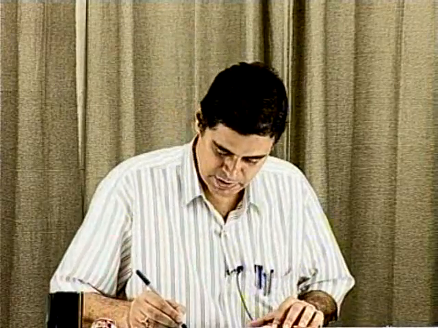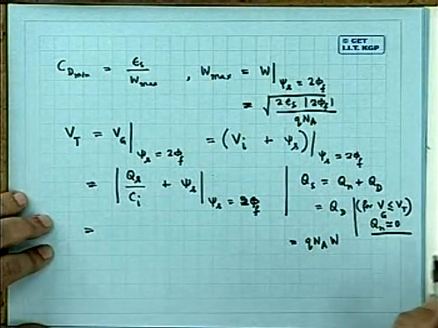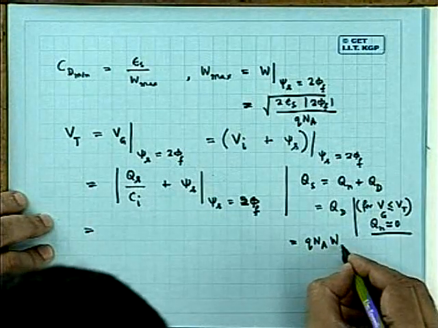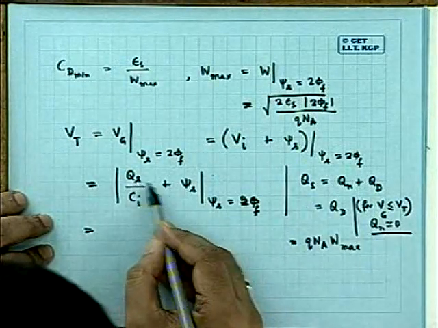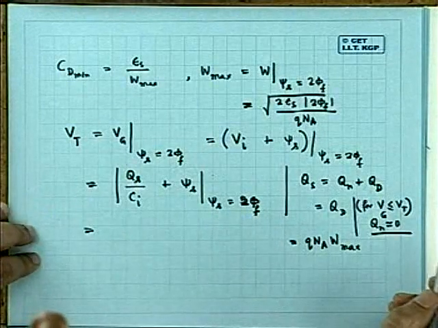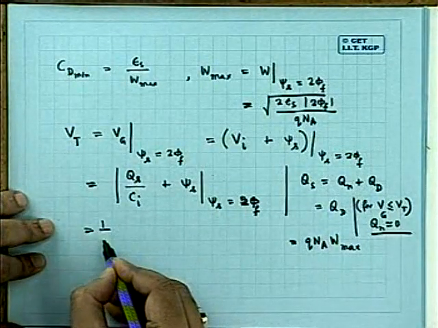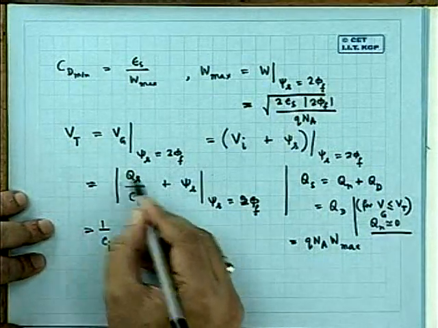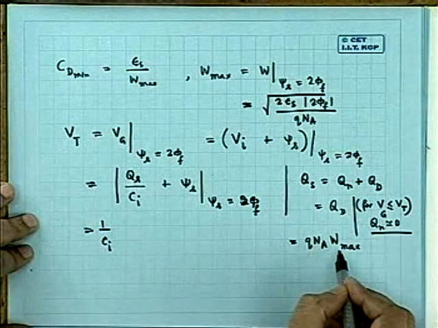So what is the volume under that unit area? Only W. So this is multiplied by W. And that W will be W max when psi s, I am considering psi s for this threshold voltage condition. So then what does it become? It becomes 1 by Ci, and Qs is equal to Qd, and that is equal to Qna W max.